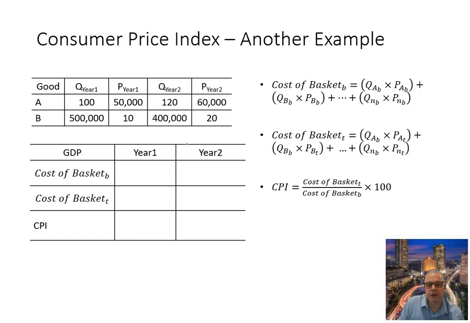So now we hold constant the quantities, okay, so that means what we do is we let the prices fluctuate. So now the only thing that can fluctuate are these prices here. So the blue is what's going to change.